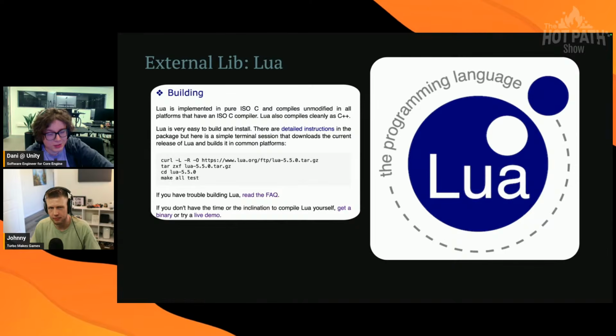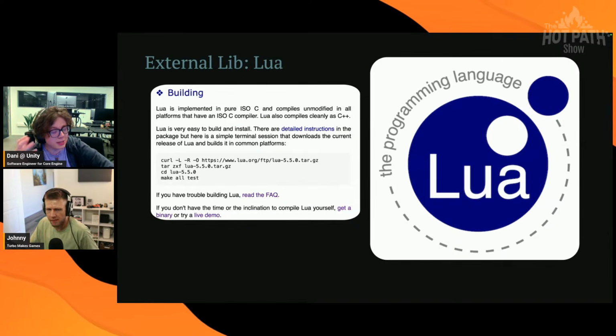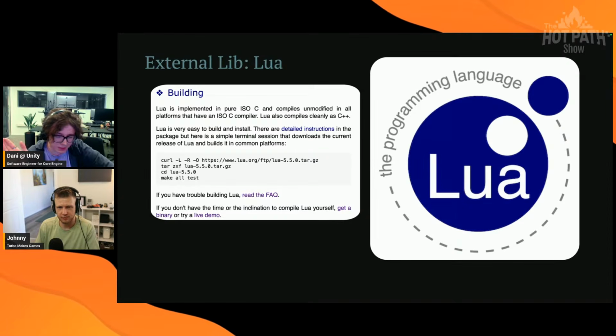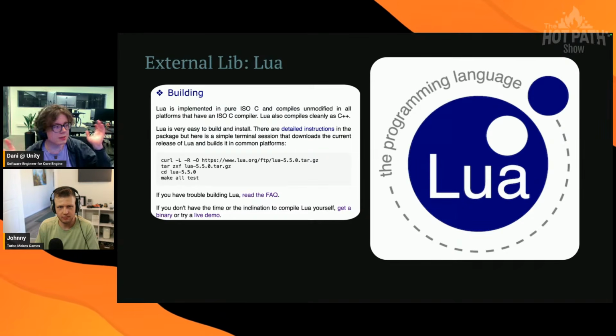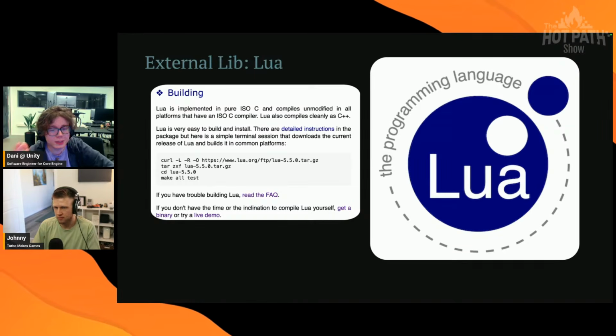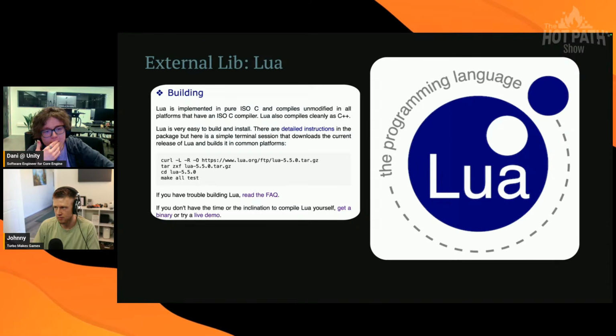Sometimes you want to implement an external library through C or C++ or anything else, Rust for that matter also. There's a bunch of cool libraries out there, often single header libraries, often some kind of parser. I've chosen Lua today as the example.